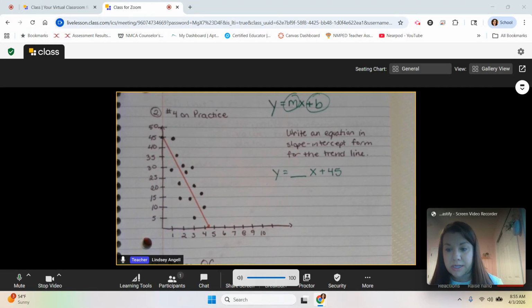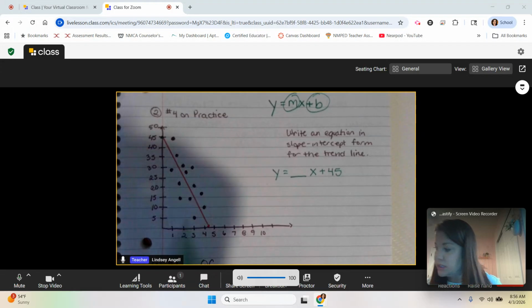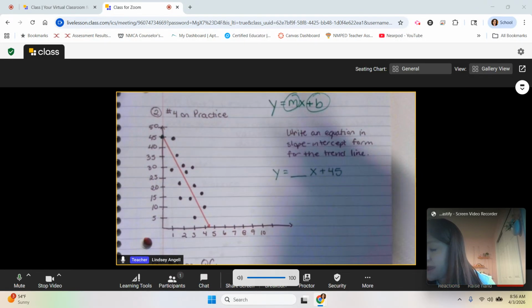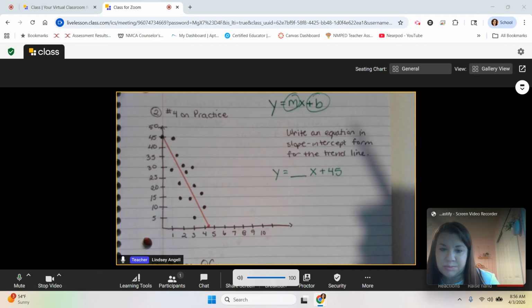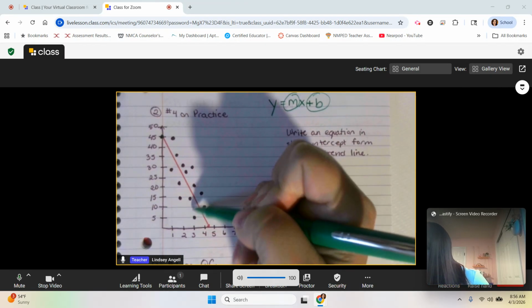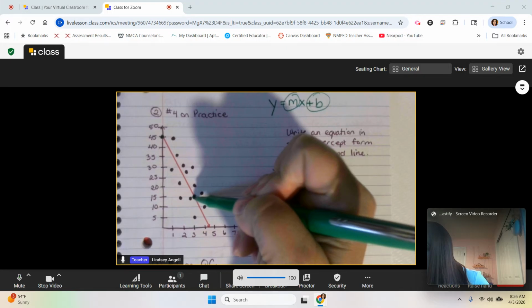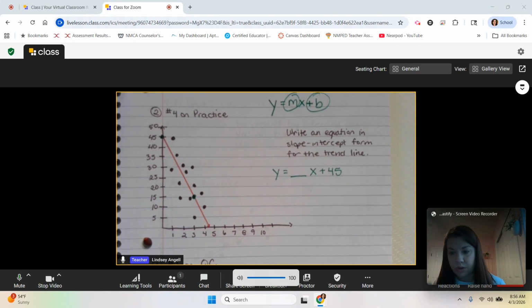When you're finding slope, we want to find 2 points on the line that we can use to determine the rise over the run. In this case, I'm going to use my y-intercept because I know exactly where that crosses. The other one that I noticed crosses at a nice spot is this one here, 3, 15. I'm going to use that one. Now you can either find rise over run, or you can use the slope formula that we learned, the change in y over the change in x.